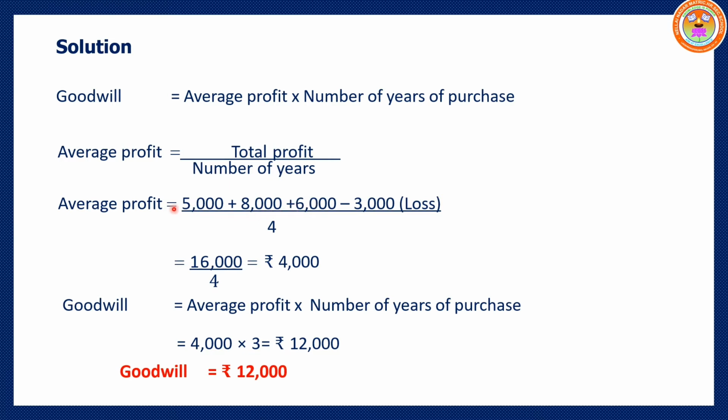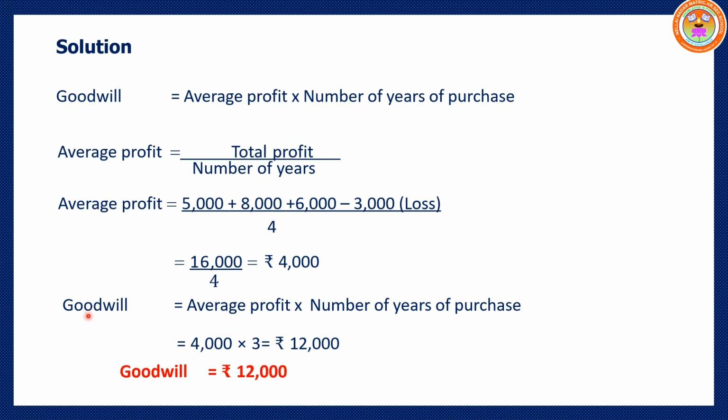So add all the profit amounts: 5,000 plus 8,000 plus 6,000, 19,000. Then minus the loss. In the particular year 2017 they made a loss, and that loss amount should be deducted. So 19,000 profit minus 3,000, divided by the number of years, these 4 years, divided by 4. So 16,000 divided by 4. Simplify this amount using the 4 table, and we find average profit 4,000.